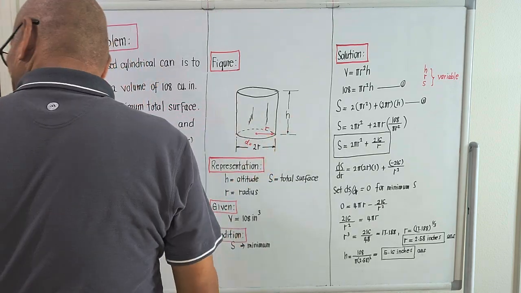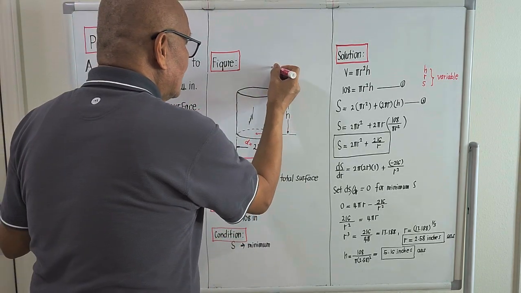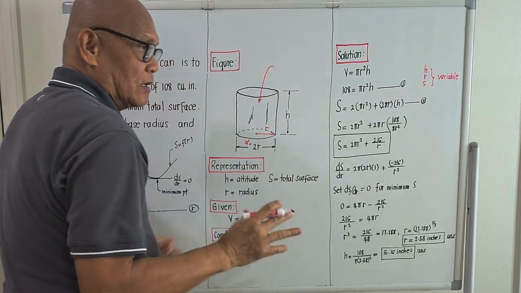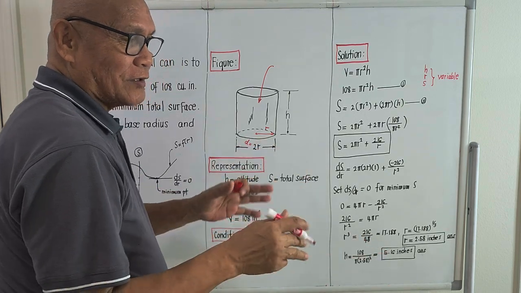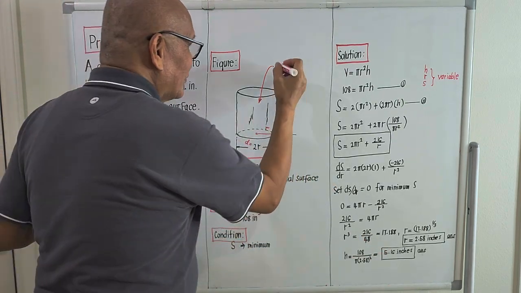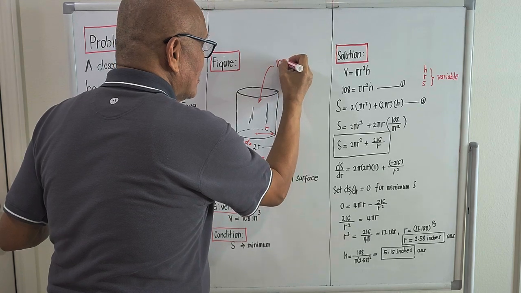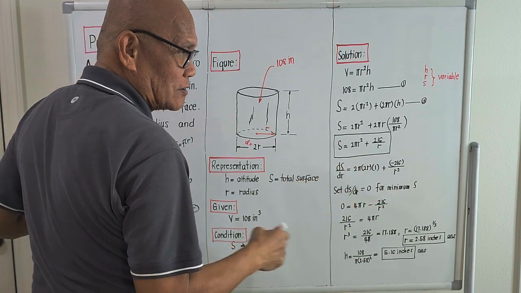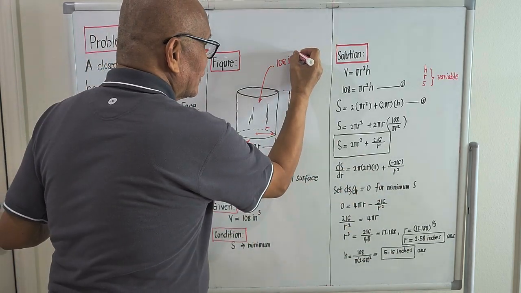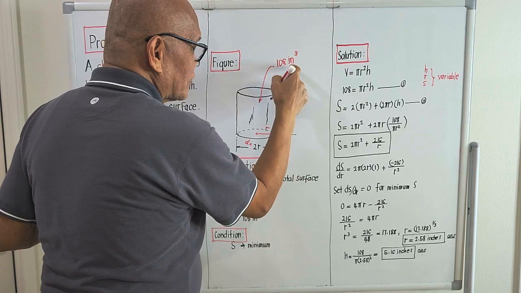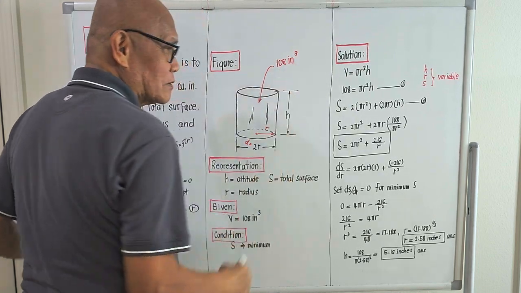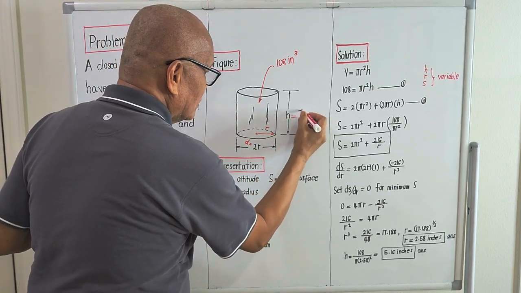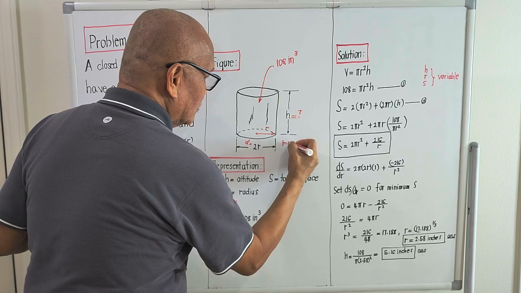And the given volume. If we are to manufacture a cylindrical can, we put something inside. We know the volume is 108 cubic inches. In engineering, we write cubic inches simply as inches raised to the third power. So the problem is what will h be equal to and what will r be equal to.